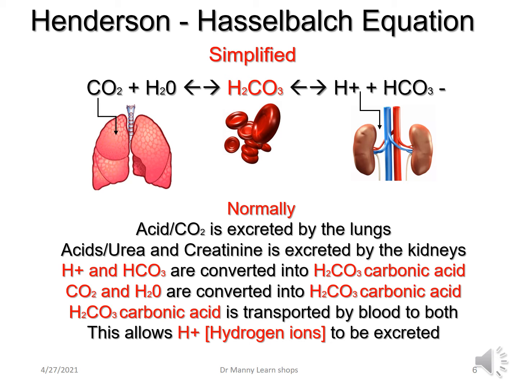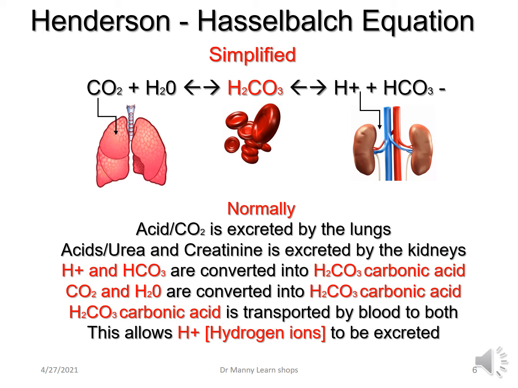Carbonic acid is H2CO3, which is formed by CO2 and water, or it's formed by hydrogen ions and bicarbonate. So this equation is basically demonstrating that it's very volatile. It can move in any direction very quickly.